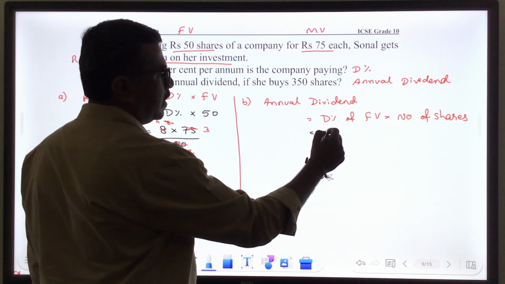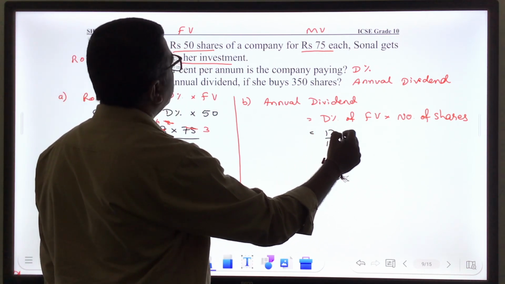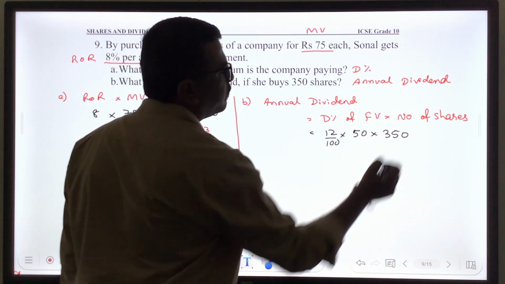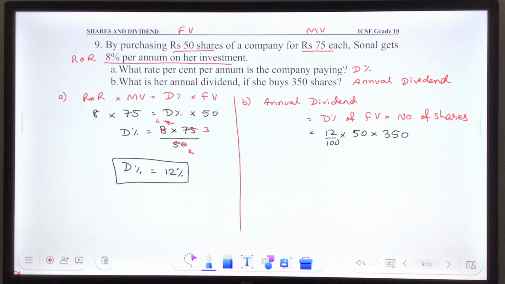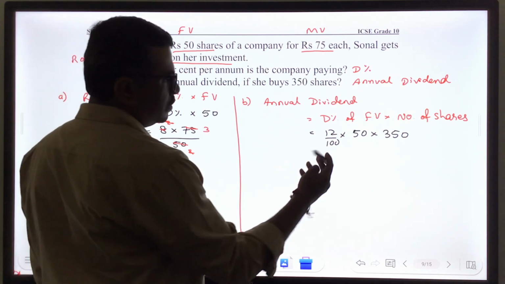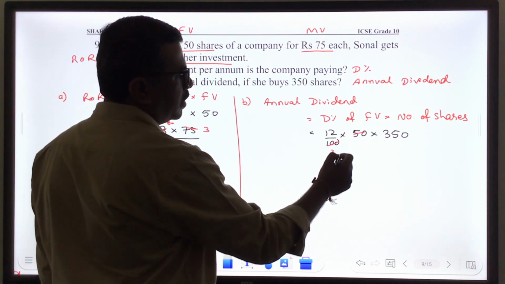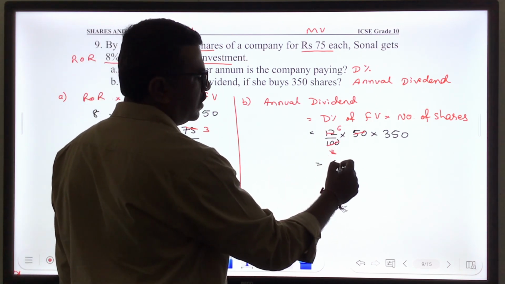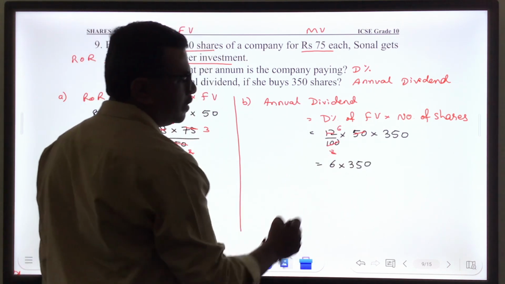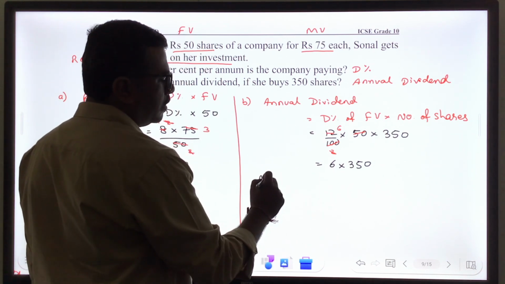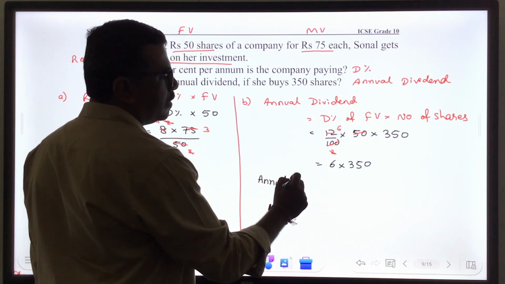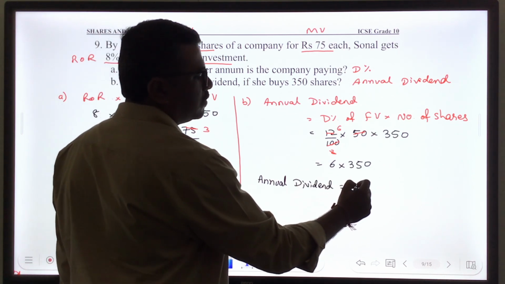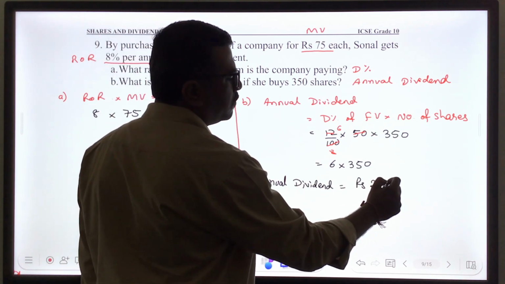So 12% of face value 50 into number of shares 350. On reducing this, we get 6 into 350. So her annual dividend is rupees 2100.